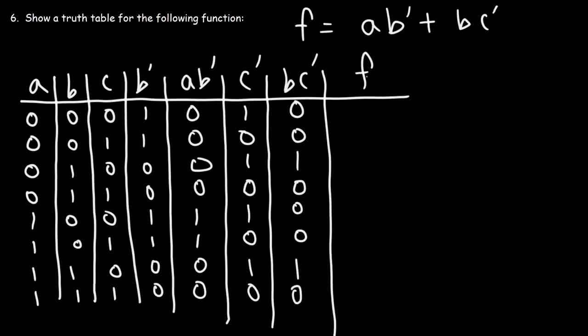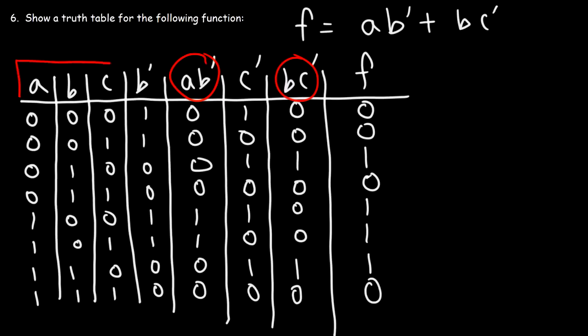Now, we can write the values for f. So we need to add these two columns. 0 plus 0 is 0, 0 plus 1 is 1, 0 plus 0 is 0, and then we have 1 plus 0, and then 0 plus 1, 0 plus 0. And so this is the output function given these input values. So now we know when the circuit is on and when it's off.